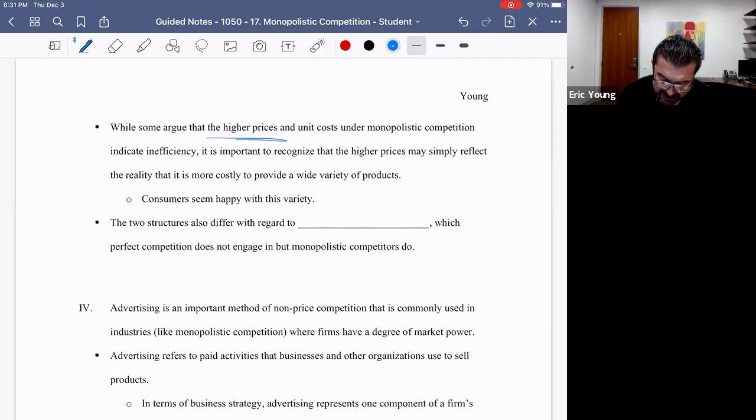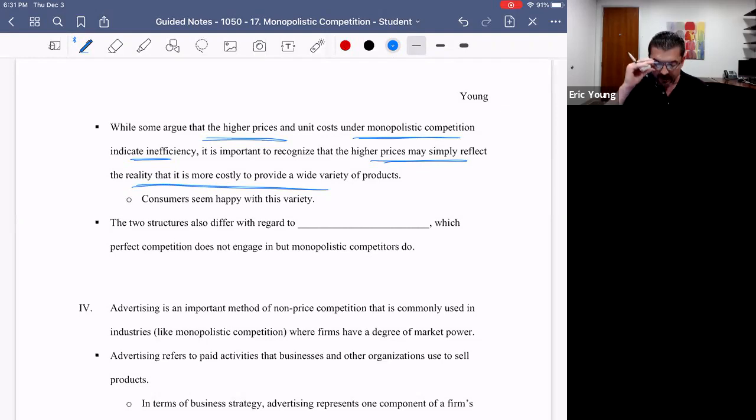But some people argue, and I would agree with them, although I'm not going to put that on you, that the higher prices that are charged under monopolistic competition indicate inefficiency. But other people would argue, and I would argue, that these higher prices may simply reflect the fact that in the MC structure, there's a lot more variety. There's product differentiation.